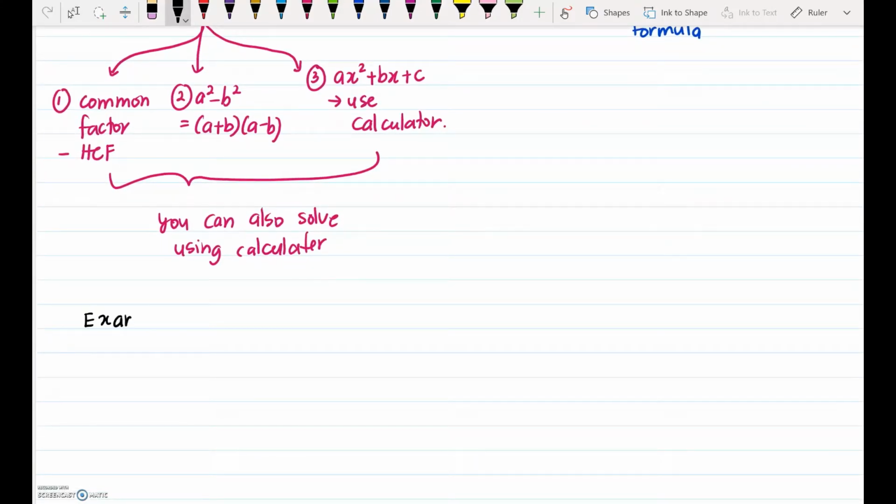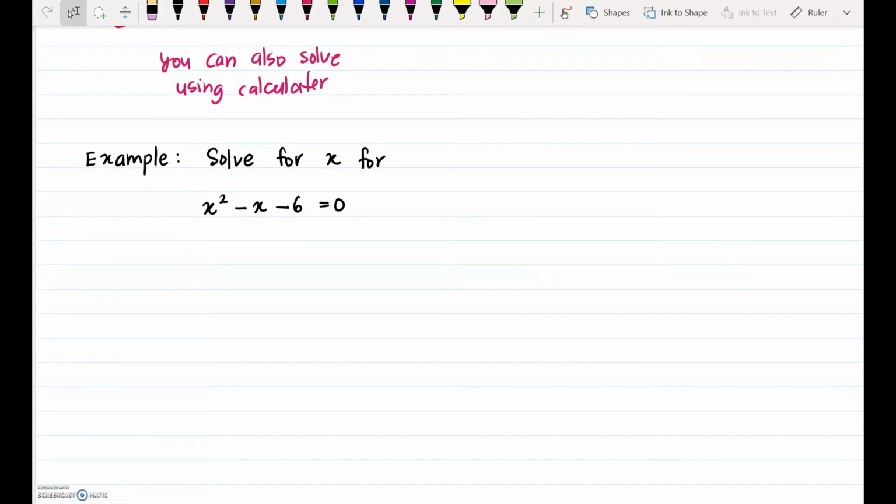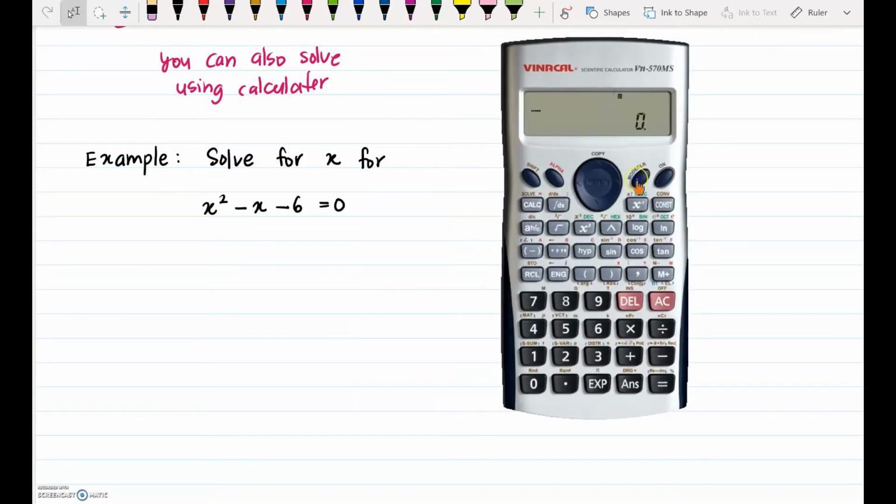For example, let's say we want to solve for x in the equation x squared minus x minus 6 equals to 0. If you want to use calculator, firstly you will use mode, then 1, and then tekan ke kanan, degree dia 2 lah, kuasa 2. So A dia berapa?